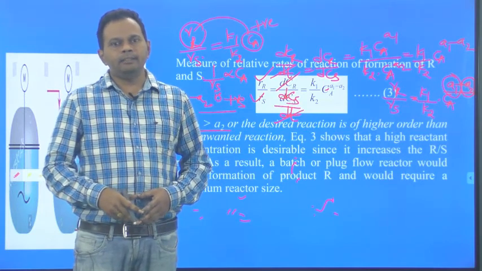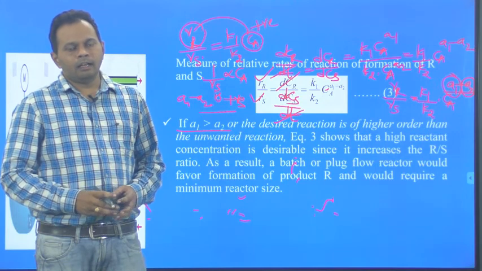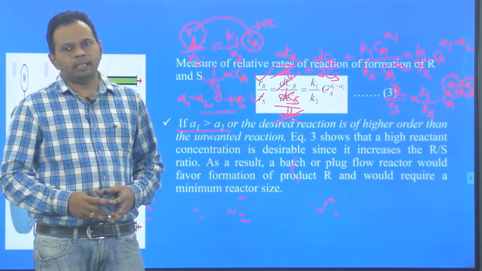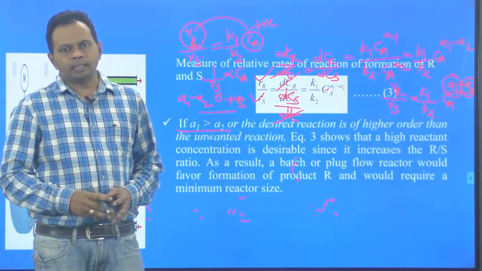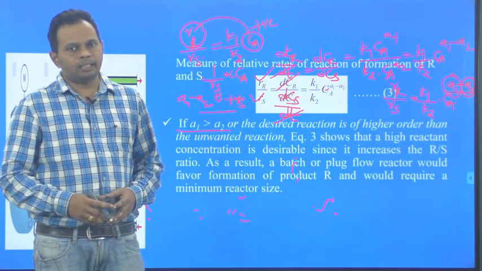High Ca can be maintained in the PFR and also in the batch reactor. High Ca cannot be maintained in the mixed flow reactor or CSTR, the continuous stirred tank reactor.